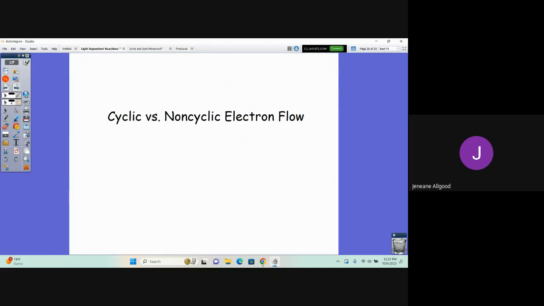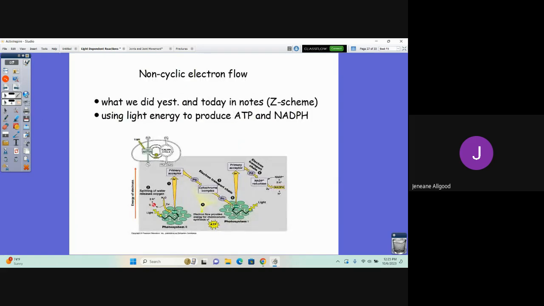So understand that what we just got done doing is non-cyclic electron flow. Sometimes they call it the Z scheme, okay? But cyclic electron flow is like a little detour that can happen every so often, and there's a reason that it happens. It's just kind of an alternate path. I don't even want to call it that. You'll see.